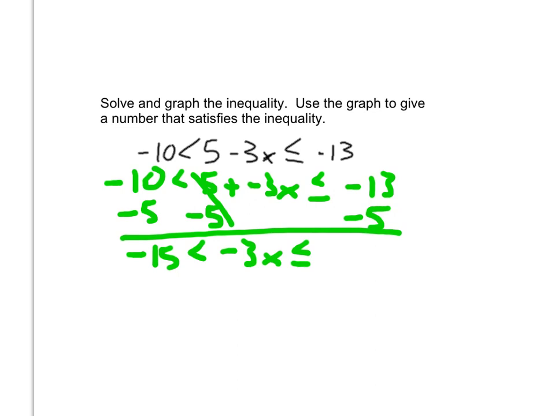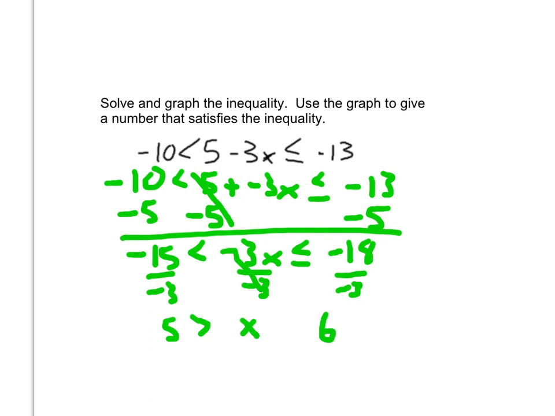And -13 minus 5 is -18. Now we're going to divide by -3 everywhere. This cancels. -15 divided by -3 is 5. Makes us flip the sign. And -18 divided by -3 is 6. And makes us, again, flip the sign.